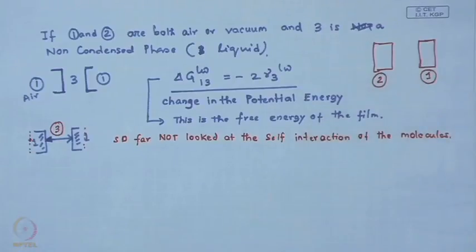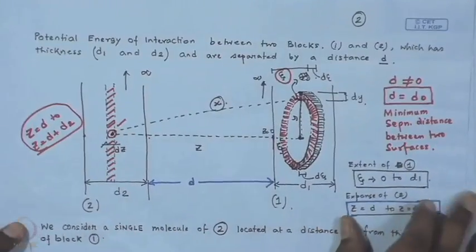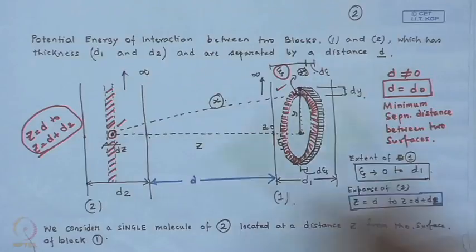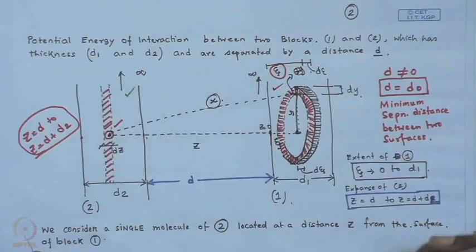We have taken two blocks, and the way we did our derivation, we talked about the possible van der Waals interaction of all the molecules of this phase or this block with all the molecules of this block.